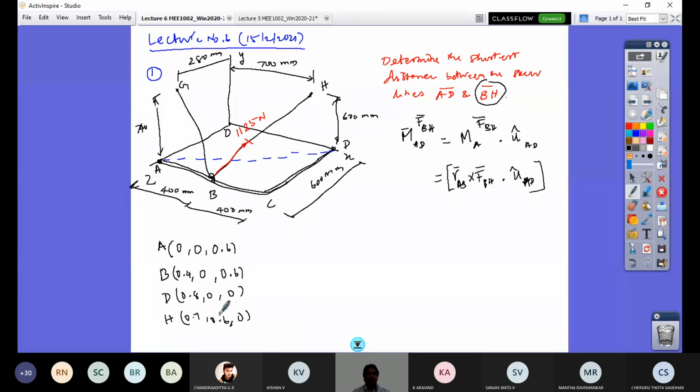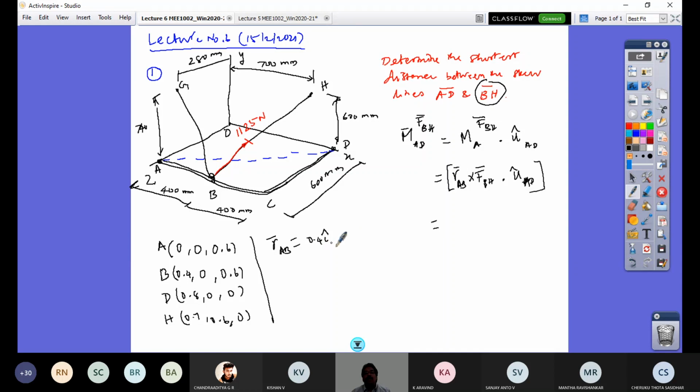Any doubt in this process, what I have done? It's clear. So why did I choose only these points? Look here: RAB, BH and AD. So these are the 4 points required here. So I can now find my RAB. RAB vector is going to be B minus A. So B minus A is 0.4 i, 0, 0.